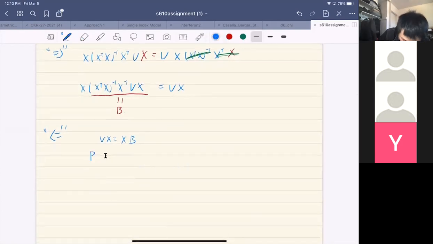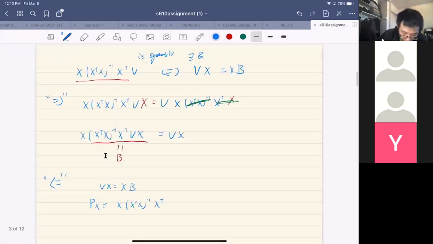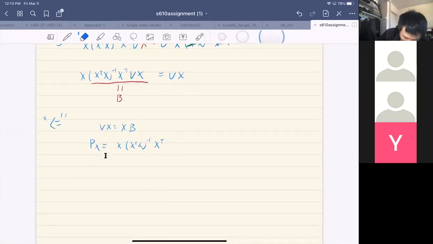Here let's define P as equal to x transpose x. Transpose. So it's a projection matrix. So Px, we want to show this is symmetric. So we can say this is V Px plus I minus x.